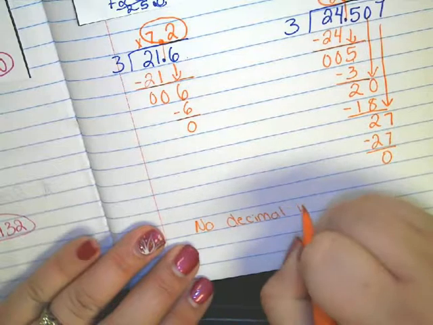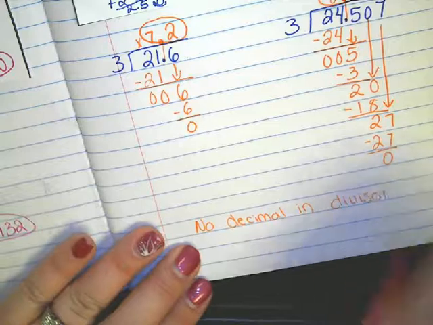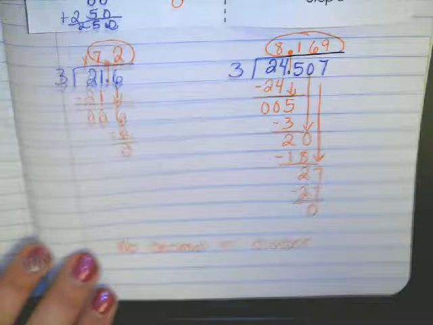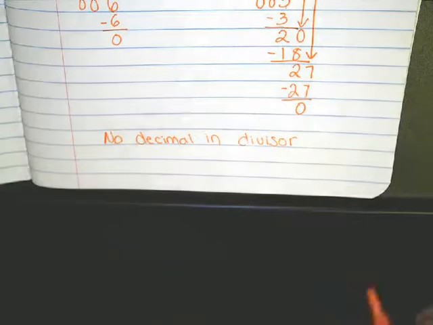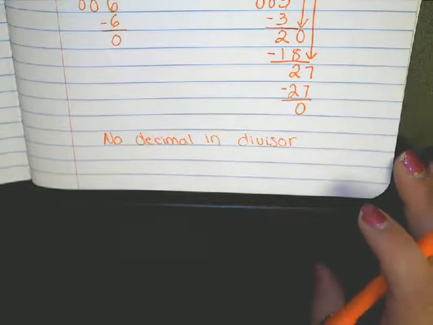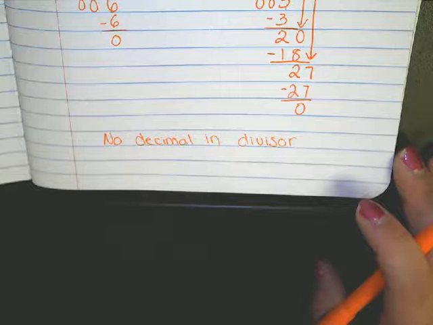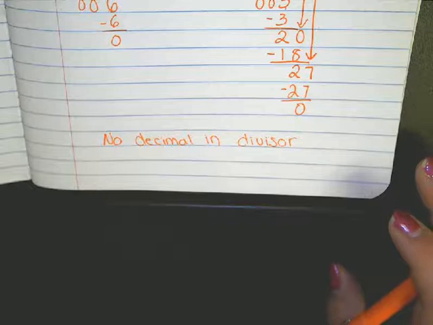So that way when you're looking on your test, if Ms. Stokes lets you use your notes, these ones have no decimal in your divisor. So questions when you have no decimal in the divisor? We understand that part? Well, so what if it has a decimal? That's what we're going to get through next.